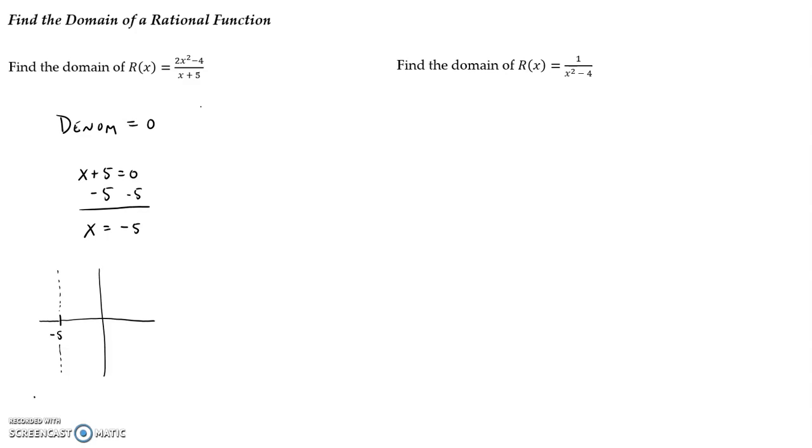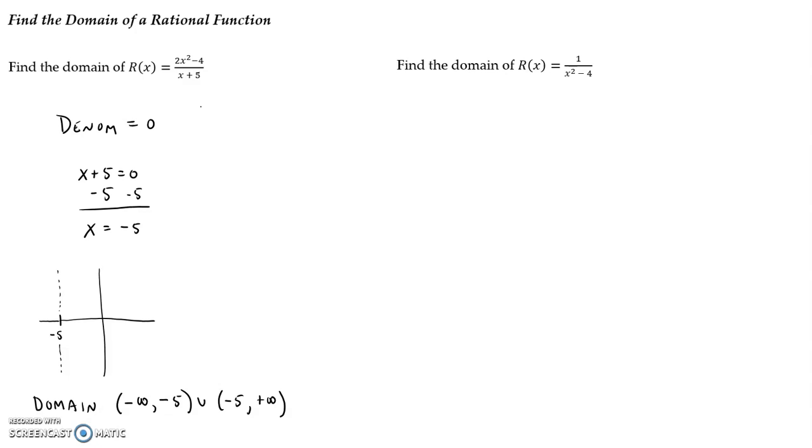So for our domain for this function, we're going to have all values from negative infinity to negative 5. We'll have a parenthesis on that negative 5. And we're also going to have the interval from negative 5 with a parenthesis all the way to positive infinity. We'll get to a point where we actually graph the function on the grid.